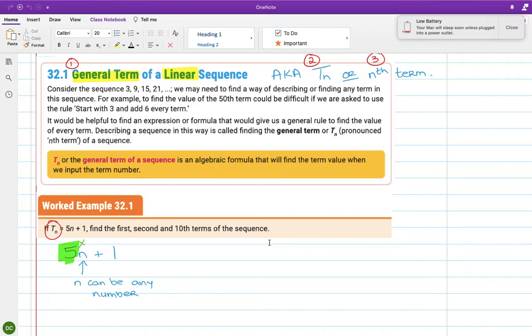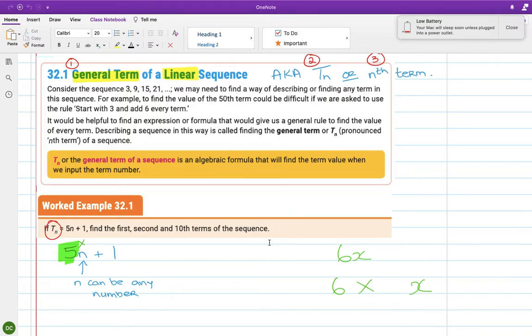multiply it by 5. When two numbers are stuck together like that, see the way it's 5n, that means multiply. Multiply is the only mathematical symbol that we can leave out, and we know what it means. If you want to add things, you have to put a plus in. If you want to minus things, you have to put a minus in. But if you want to multiply things, you can do 6x, that means 6 multiplied by x.